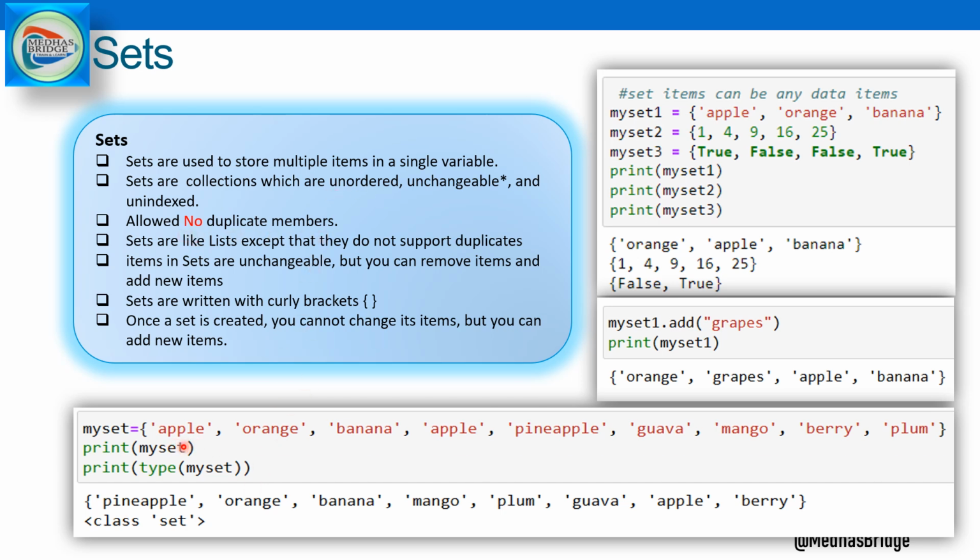The item apple appeared twice in the input, but the output displays only one occurrence. It removed the duplicate.